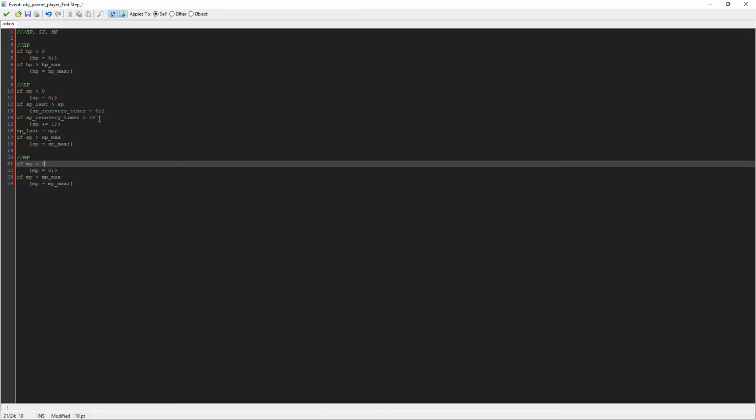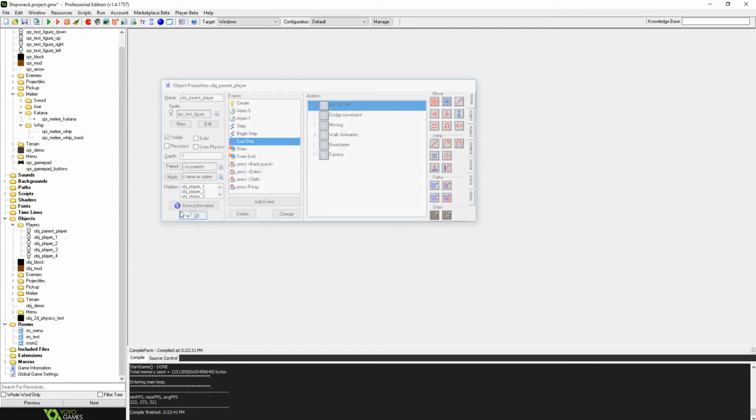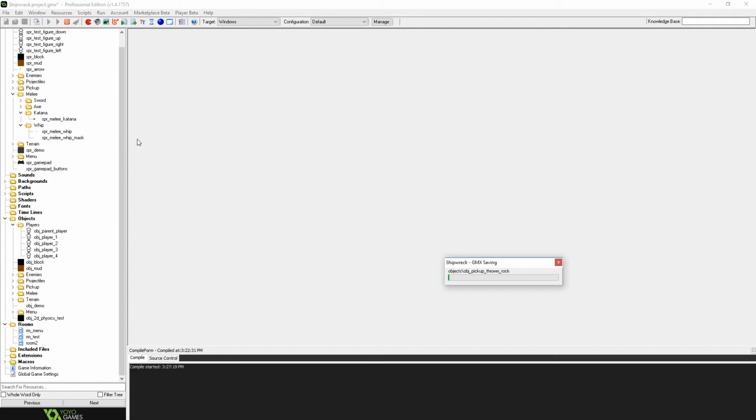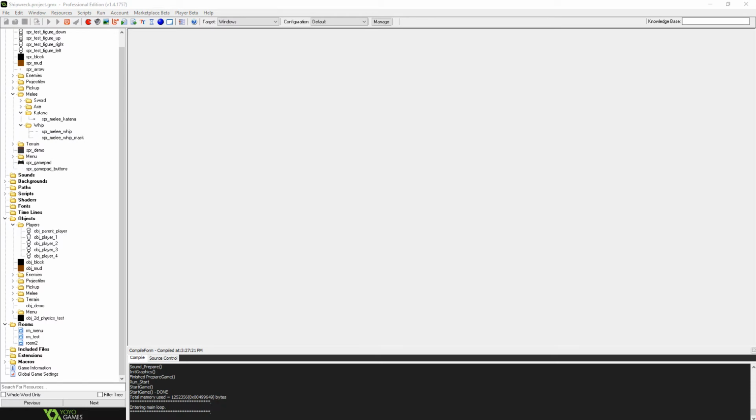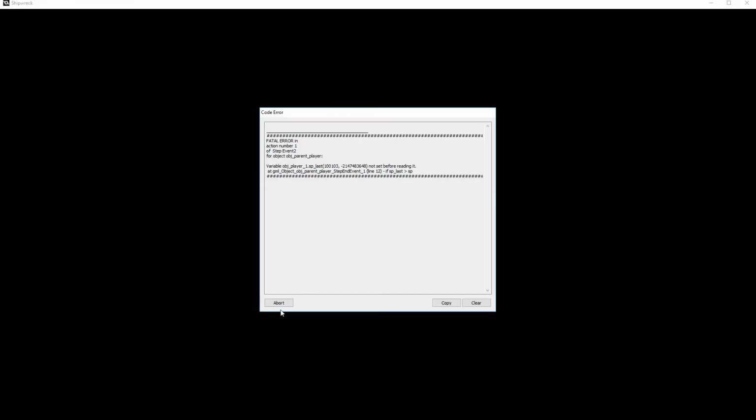There we go. I think this works. We might get an error from not knowing SP last. In fact, I'm sure that'll happen immediately. Yep.